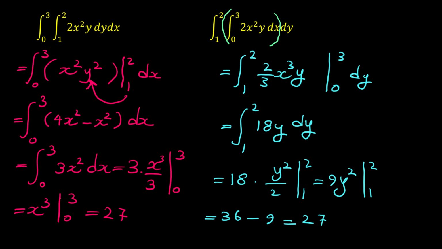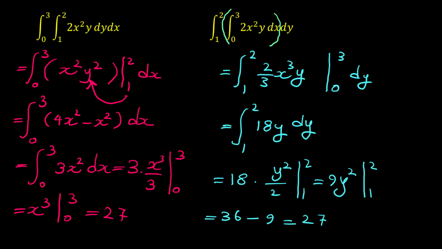No. In general, it turns out that under good conditions, the two iterated integrals are always equal. So the order of integration really doesn't matter. You can take the integral of a function with two variables with respect to x, then with respect to y, or you can find the integral with respect to y, then with respect to x.